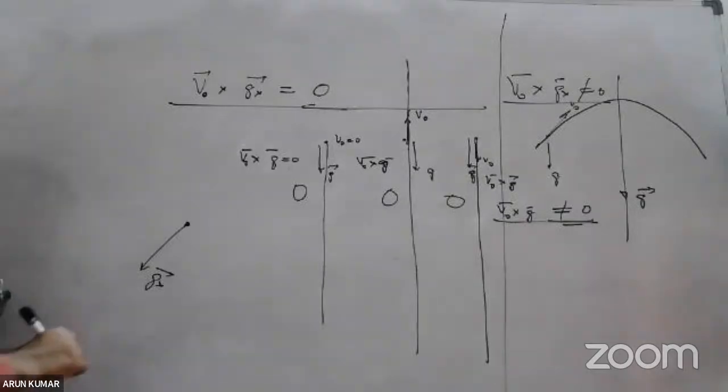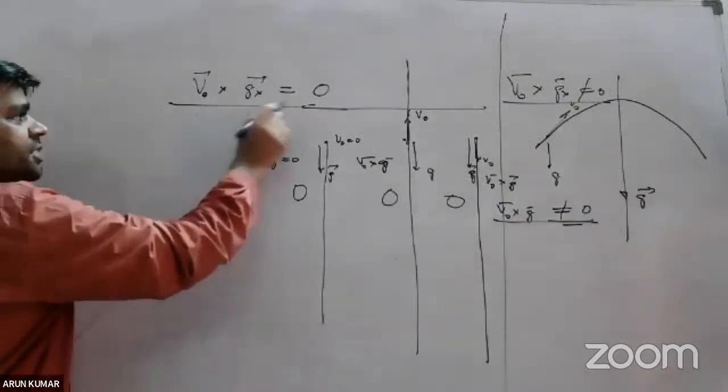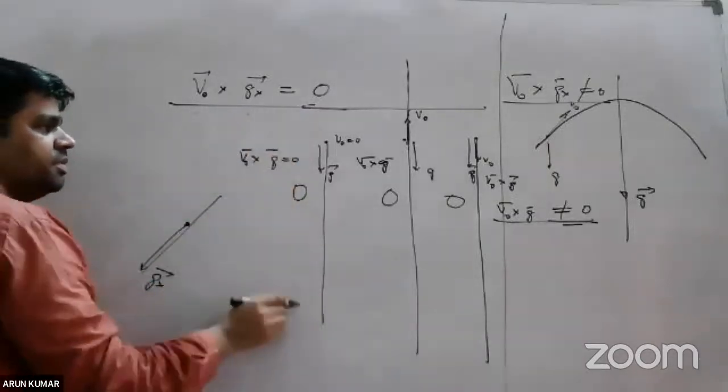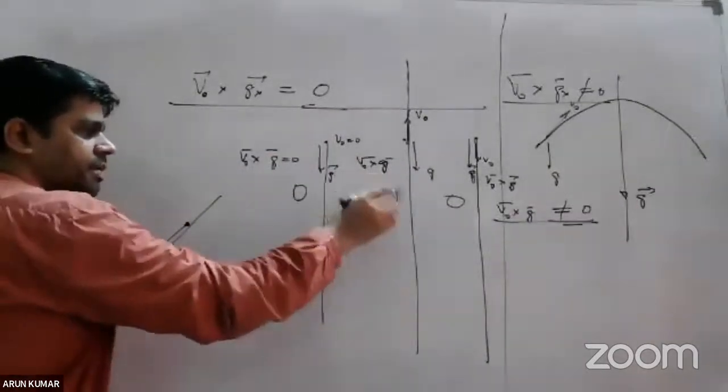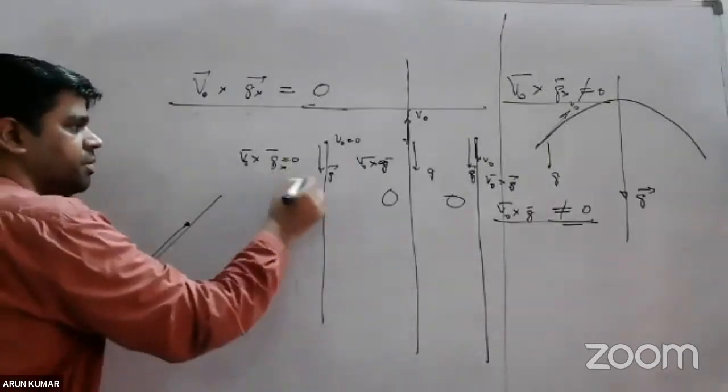Downward, along g bar. If v naught cross g is 0, it will go along g, parallel to g bar.